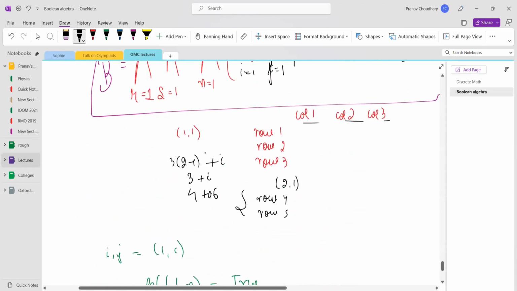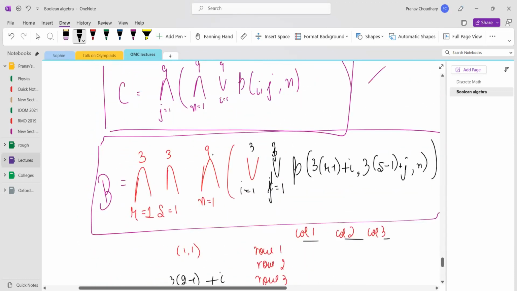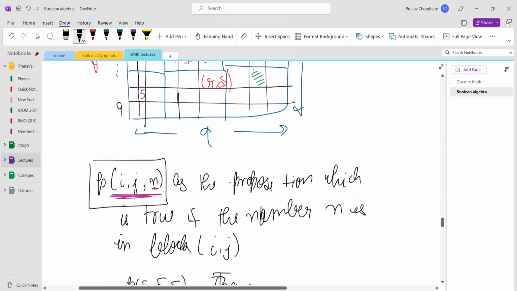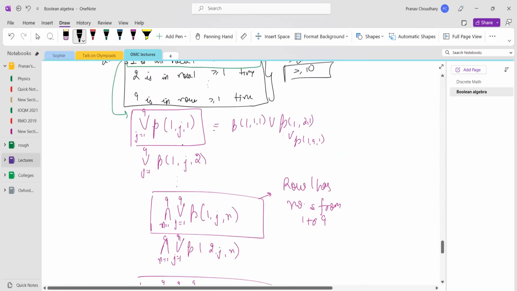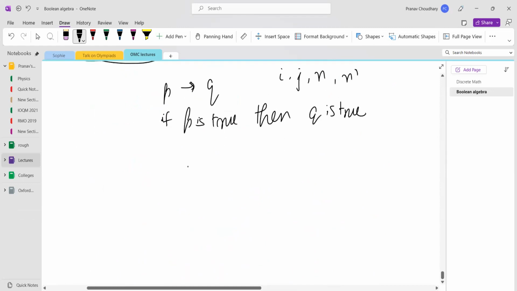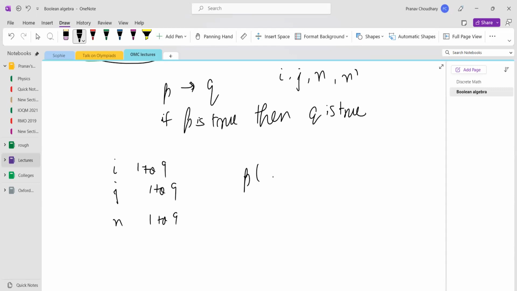So yeah, these were the conditions. Someone said we left out a condition, like 5 is in this cell. What we do is, once we have coded up all these conditions, I goes from 1 to 9, J goes from 1 to 9, and N goes from 1 to 9, and P(I, J, N) can take a true or false value.